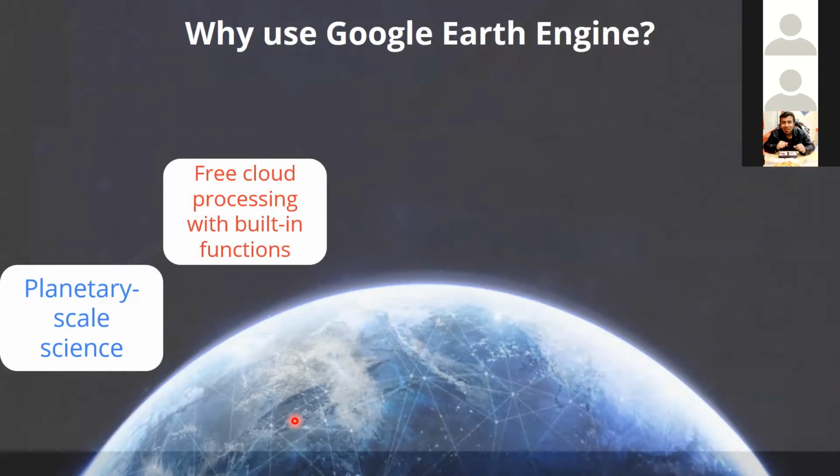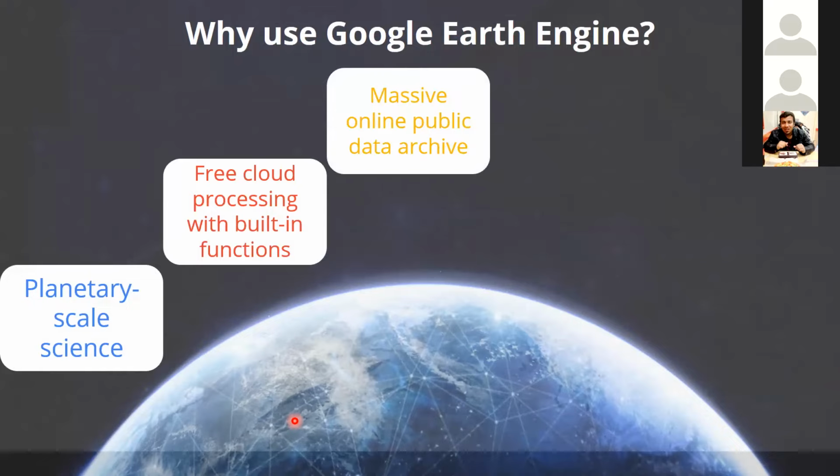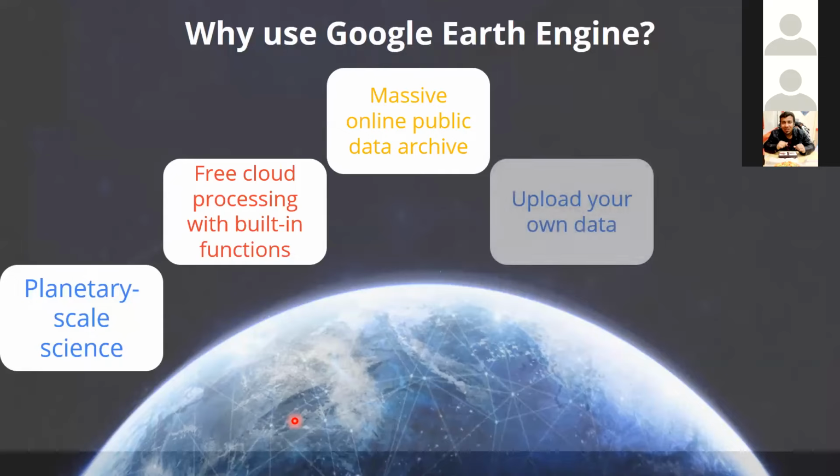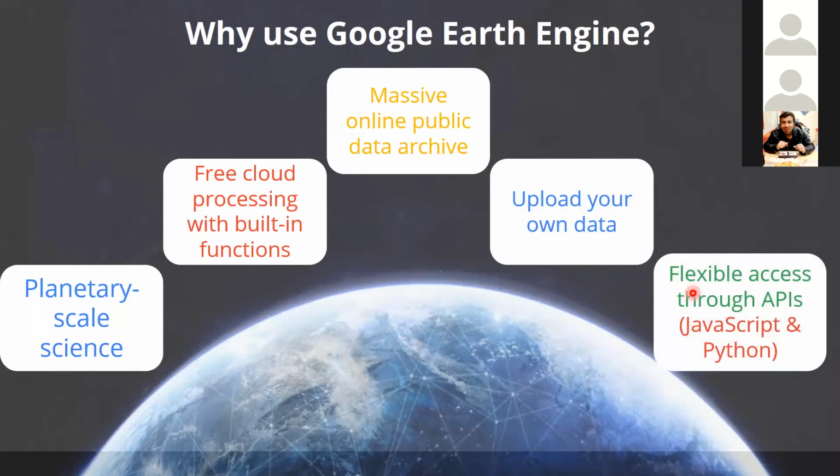Secondly, it is free cloud processing with built-in functions. Thirdly, it has a massive online public data archive. Fourthly, you can upload your own data, either in raster format or vector format, to utilize the processing algorithms already built into Earth Engine. Lastly, it has flexible access through two different APIs. First is JavaScript, another is Python.